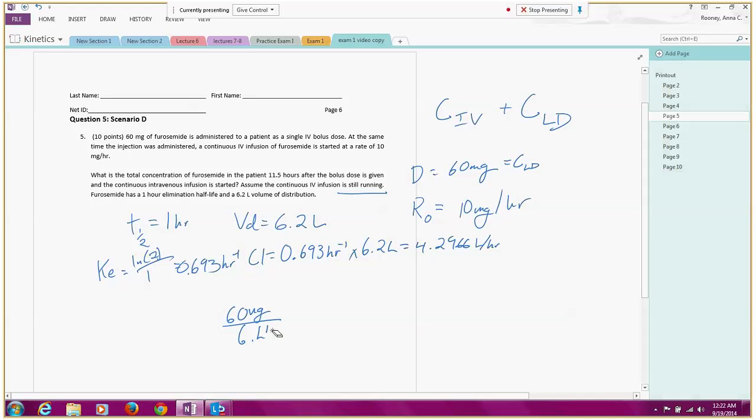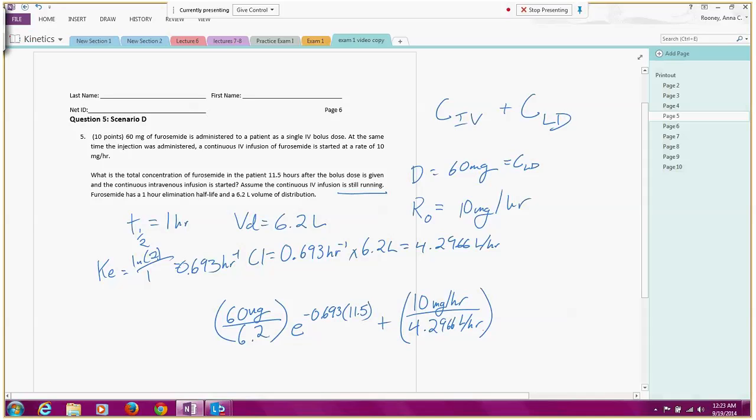We're going to find that using our rate of elimination, and our infusion has been running for 11.5 hours. So we're going to use T as 11.5 hours. Now our next one is going to be the concentration of the IV. So that's our rate of infusion over the clearance.